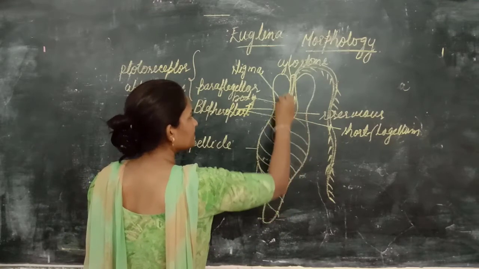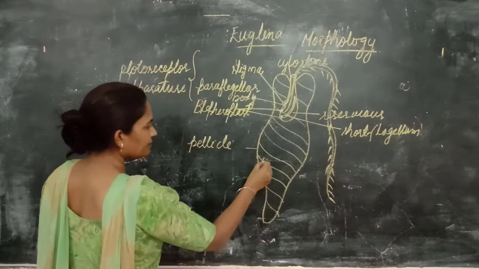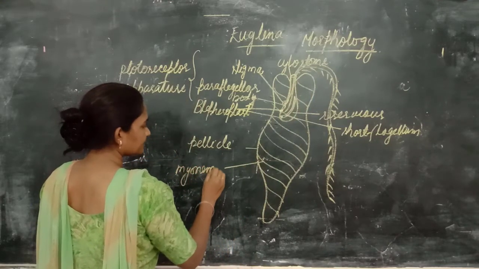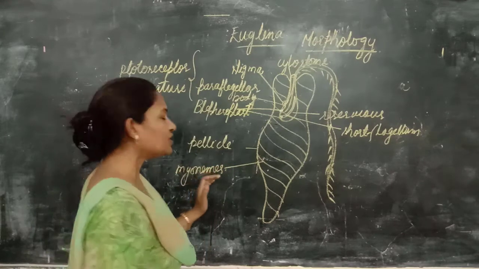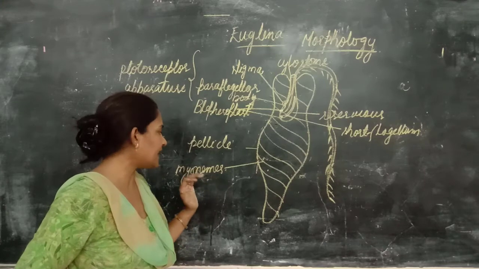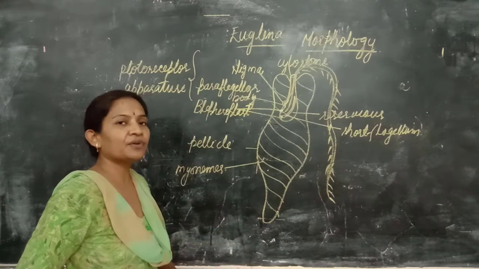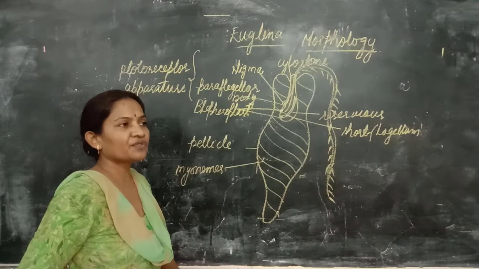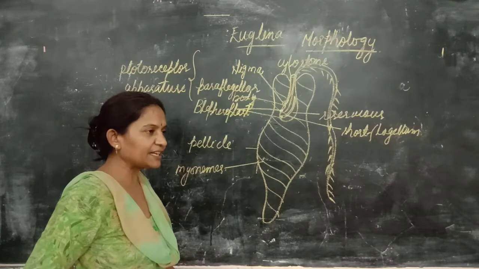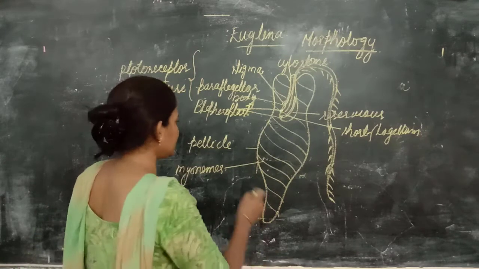These myonemes are present all over the body of the animal. By electron microscopic study, it was revealed that these myonemes are grooves which are helpful in absorption of food, excretion of waste material, or in the process of respiration.